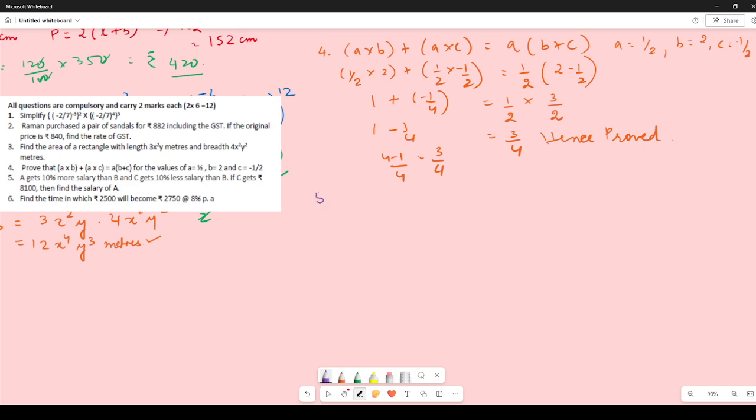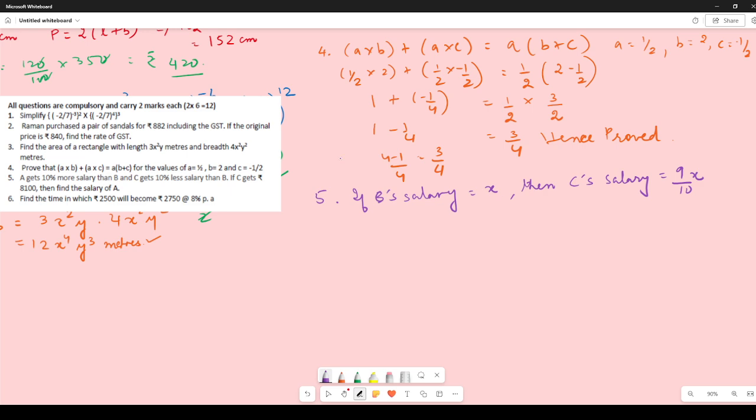So what does question number 5 say? A gets 10% more salary than B and C gets 10% less salary than B. So if B's salary, let us consider, is equal to x, what happens to A's salary? C's salary will be equal to 9 by 10x, because it is 10% less than B's salary.